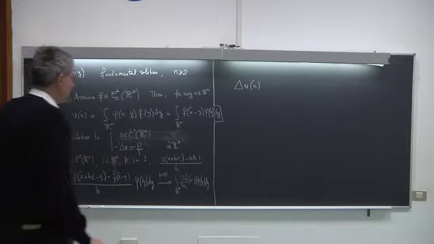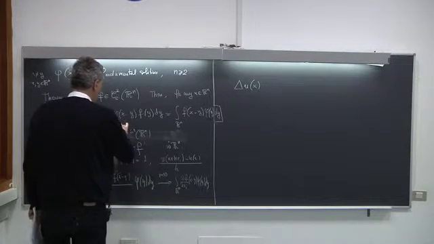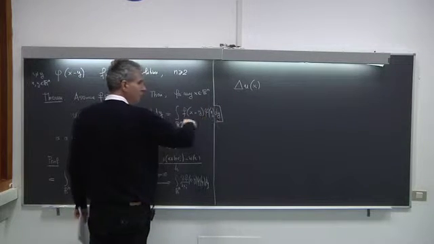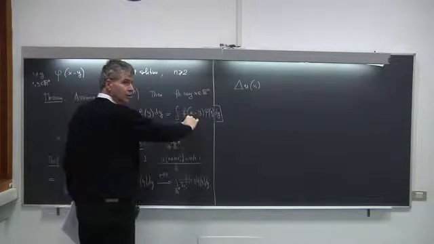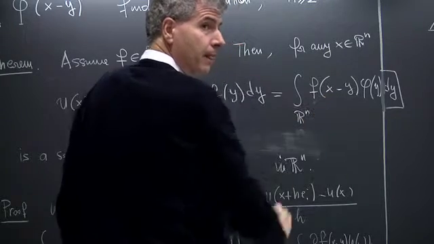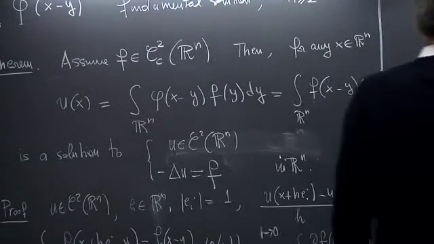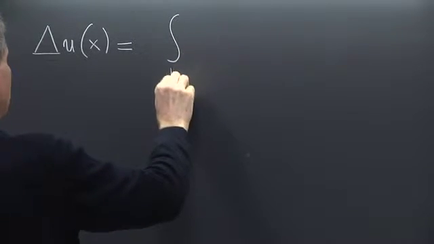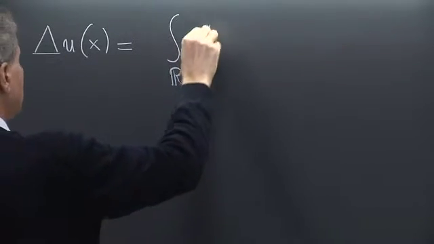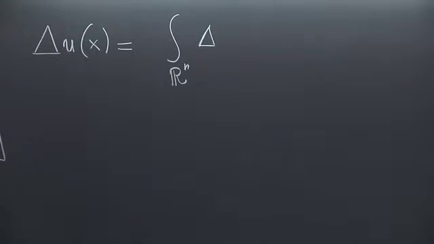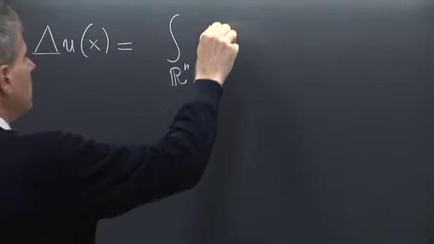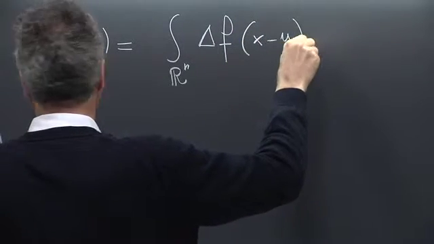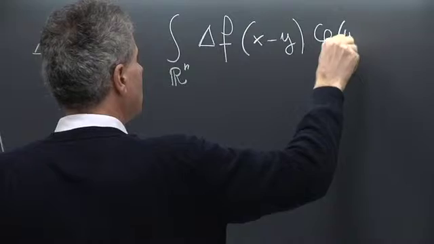The best is to look at the convolution in this form and to differentiate twice f. So let me write it like this: the Laplacian of f at x minus y, times phi of y, dy.